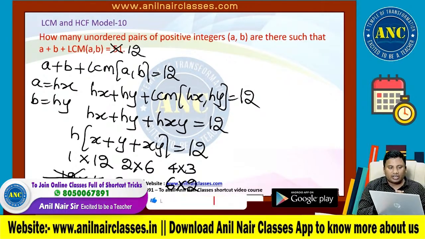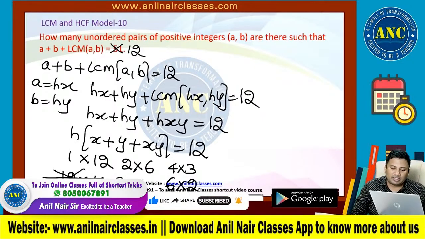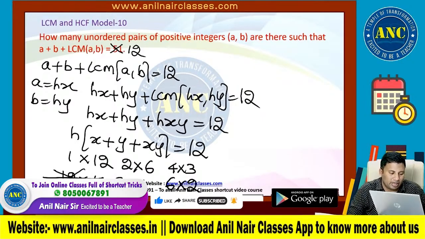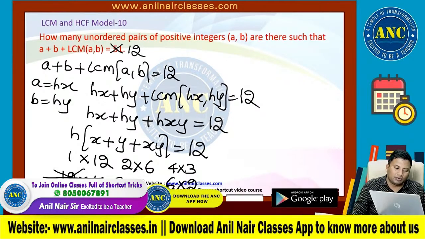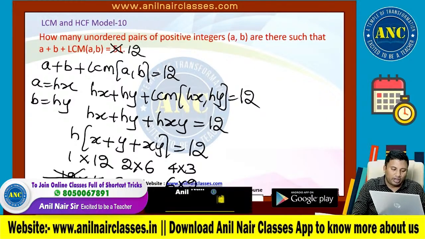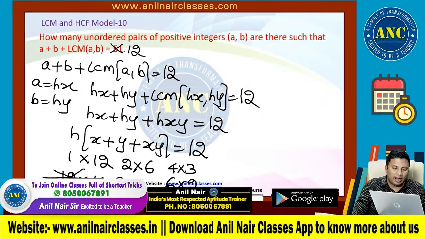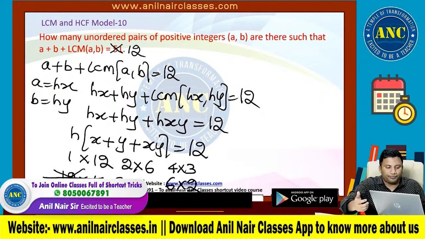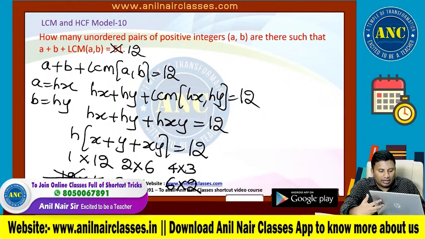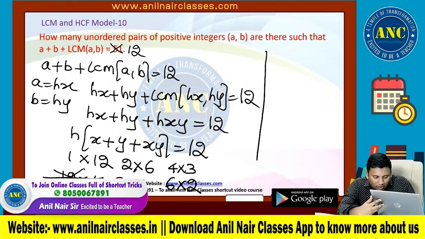A is Hx, B is Hy. Hx plus Hy plus LCM of Hx, Hy is 12. H into (x plus y plus xy) is 12. 1 into 12, 2 into 6, 3 into 4, 4 into 3, 6 into 2, and 12 into 1. Remember, right now I will write it.